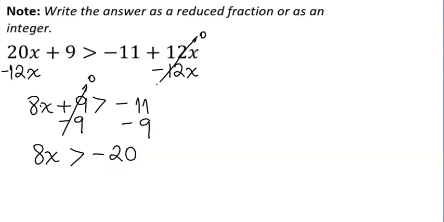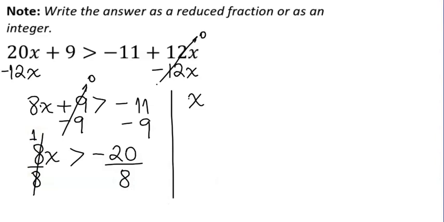Agree? Now I divide by what? To make this 1, by 8 on both sides. Then my coefficient for x becomes 1. 1x is just x.